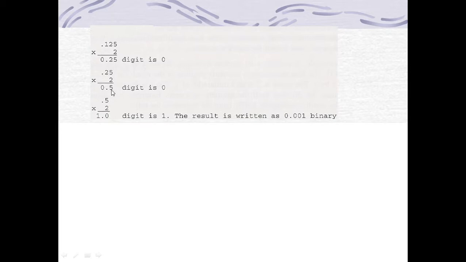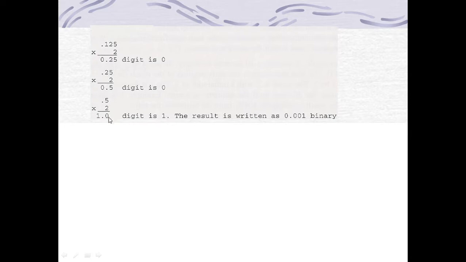We get 0.5, again the whole digit is 0, so that is our next digit after the decimal point. And this fraction part after multiplication is again not 0, so we continue with the multiplication, and eventually we get 0 as the fraction part, and we get the next whole digit, which is 1. So digit 1 is the next digit after the decimal point. So after the decimal point, this 0 is this one, the next 0 is this one, and this 1 is the final digit that has been calculated.